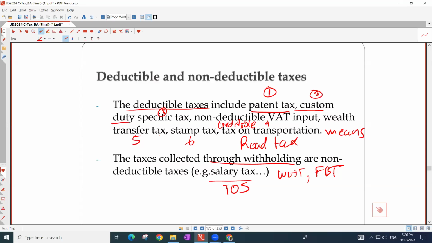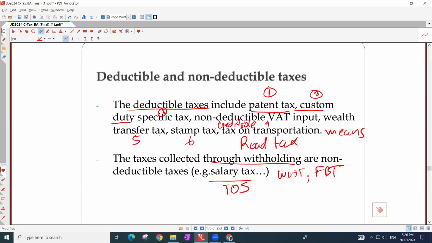The output is supposed to be the tax that you collect from the customers. But sometimes if you cannot collect, that's your fault. Sometimes you provide free goods to someone that you cannot collect from, but you end up paying output tax. But the tax that you pay through output tax, you actually offset with your input tax in that year.